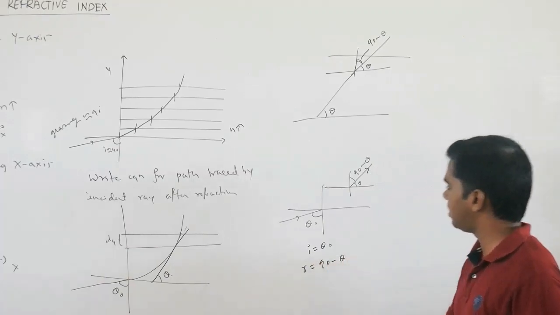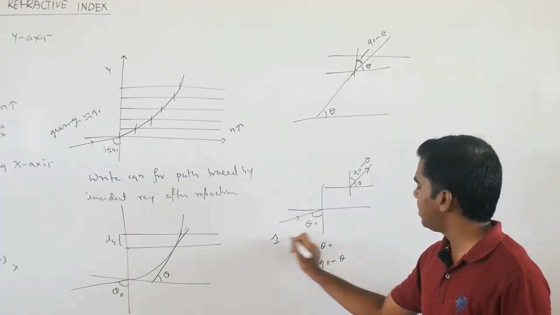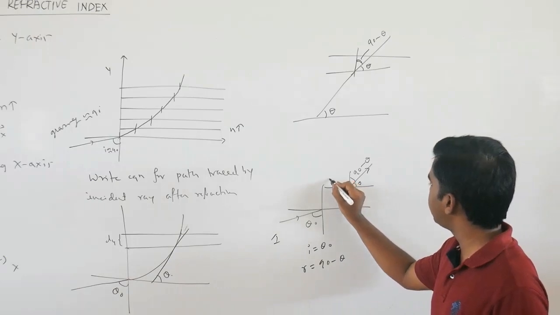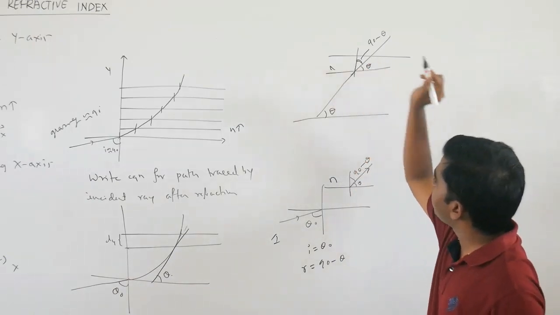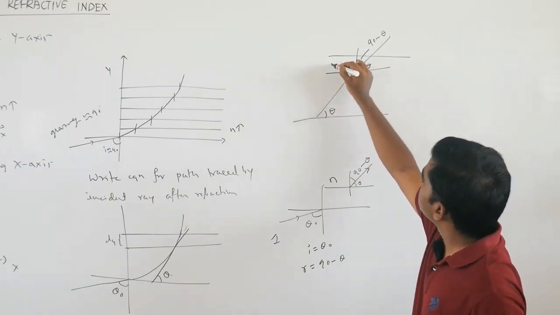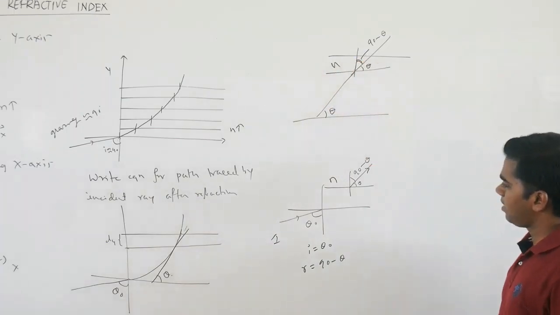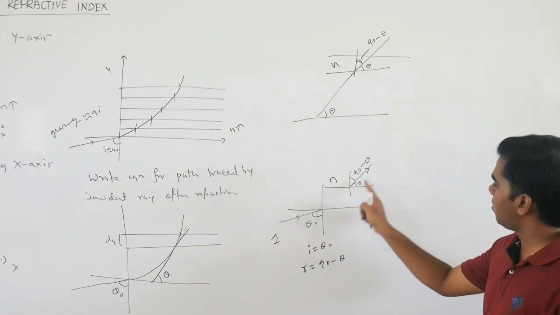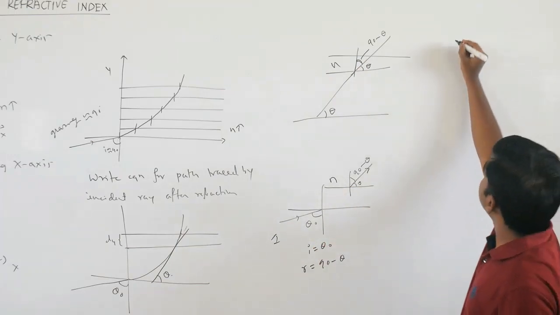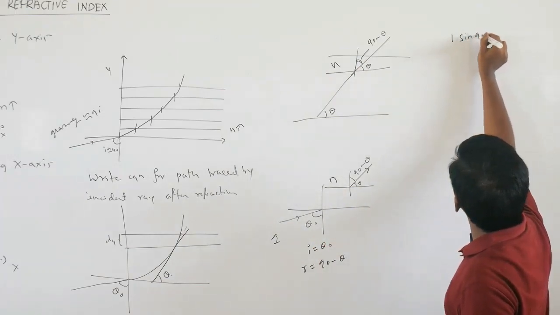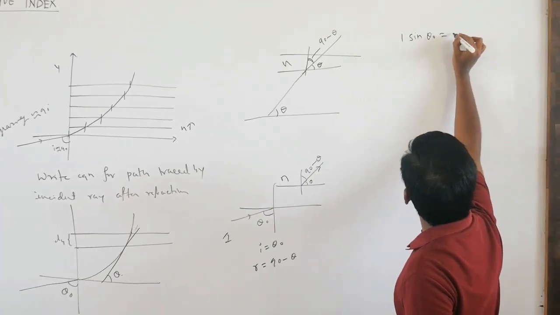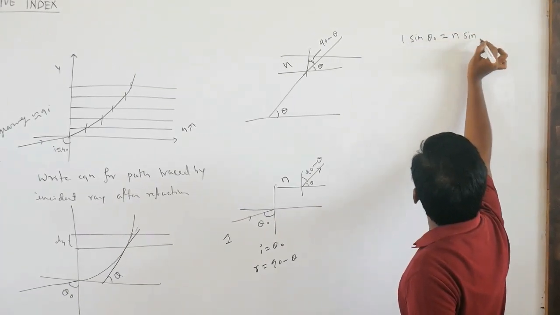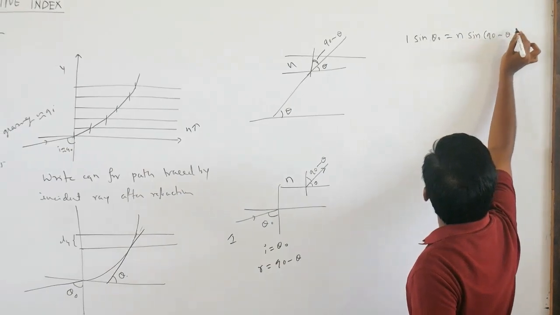Here medium A we can take as 1, and this one has an unknown refractive index n. Now you can write Snell's law for these two media: 1 sin theta naught equals n sin(90 minus theta).